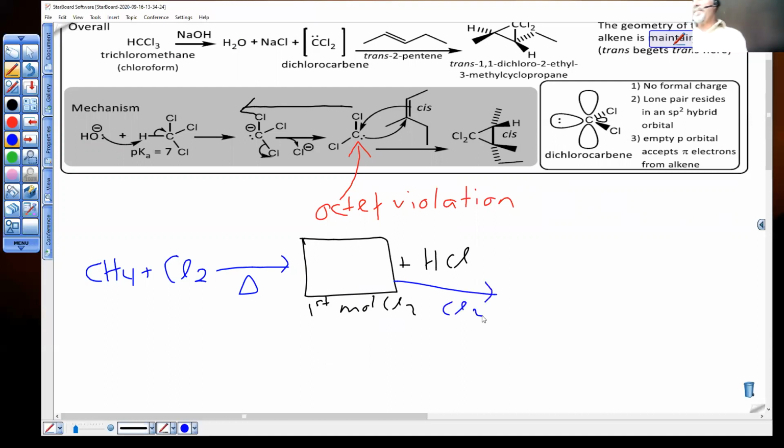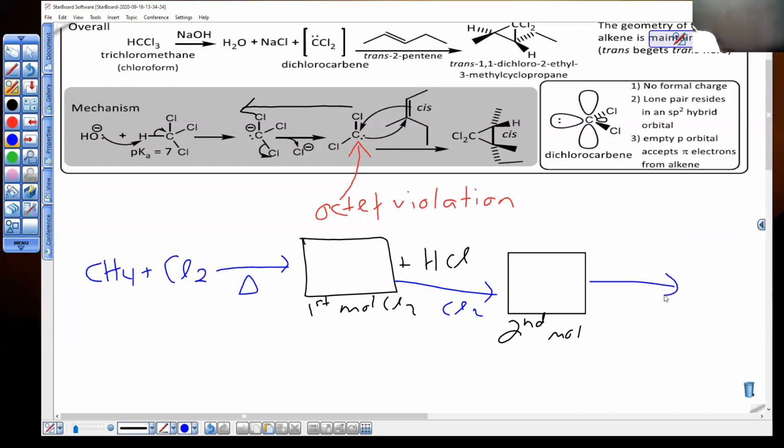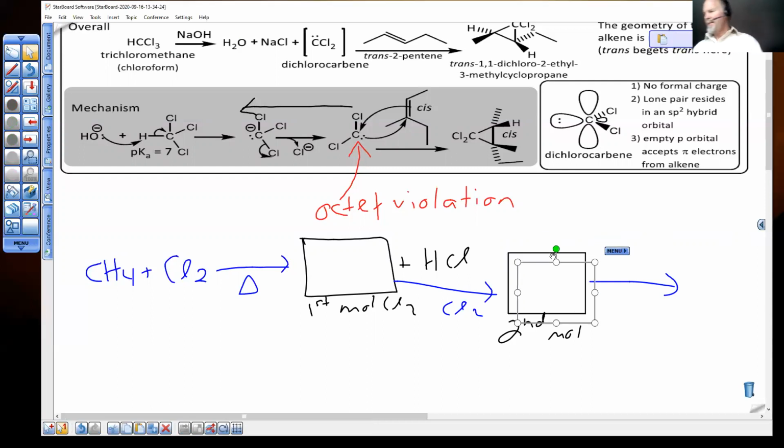Cl2, and we can do second mole, and third mole. And this is how these common methyl chlorides are made. And do it again, Cl2.